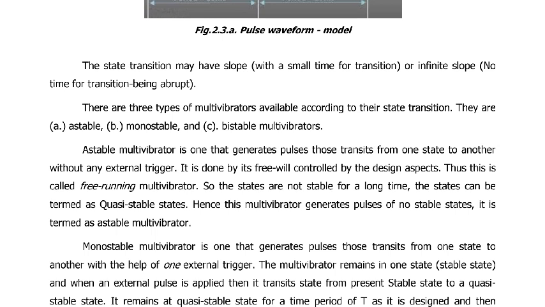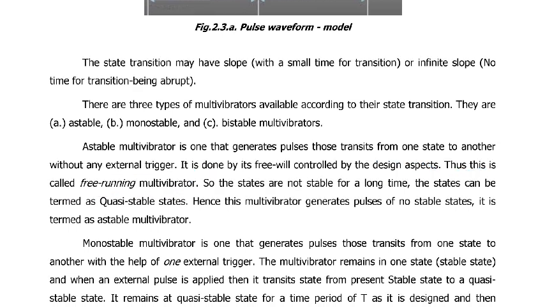It is done by its own design. That's why this is called a free running oscillator, because it has two quasi states. So it is always moving from one state to another state, like this.